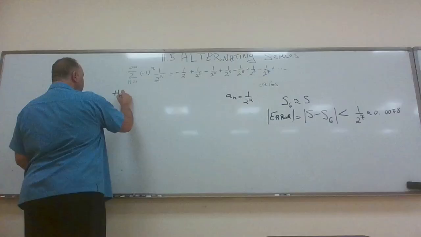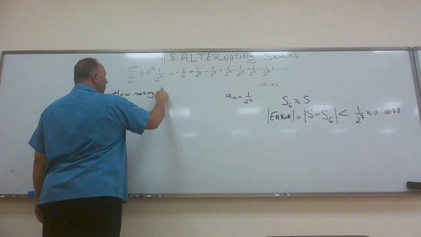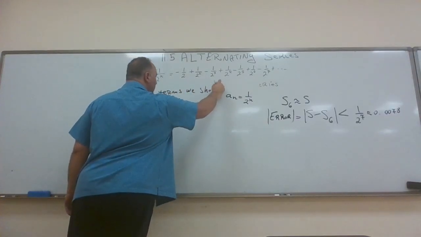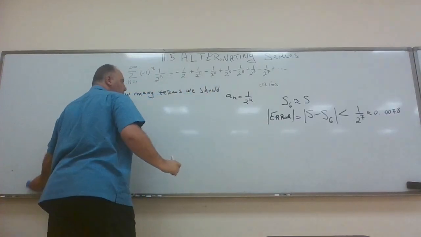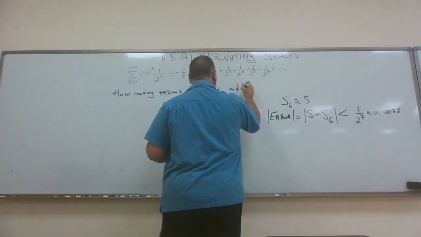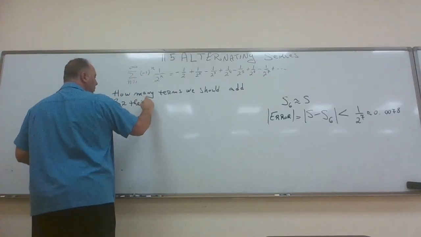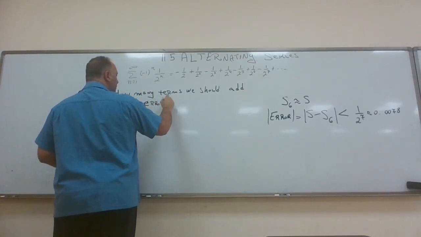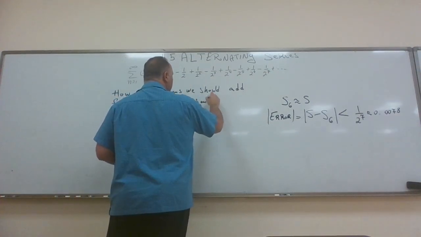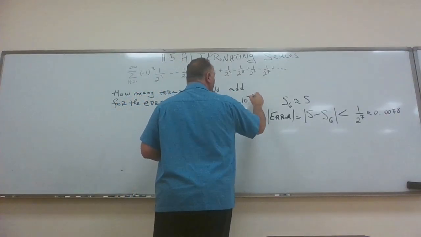So how many terms should we add for the error to be smaller than 10 to the power minus 5?